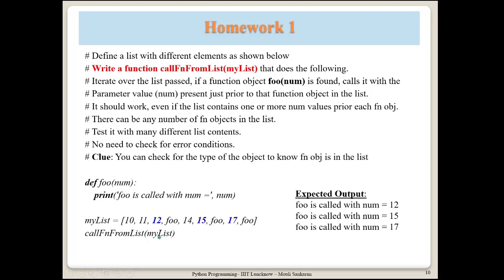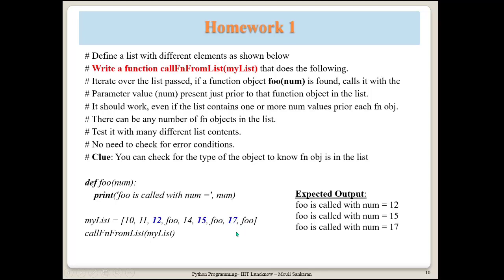Another function is given a list with a mix of integers and function objects. The function object is only one function of this type, but there can be a different number of elements, and this function object always has an integer prefix. It's not that foo followed by foo is there. You can assume that it is taken care of.